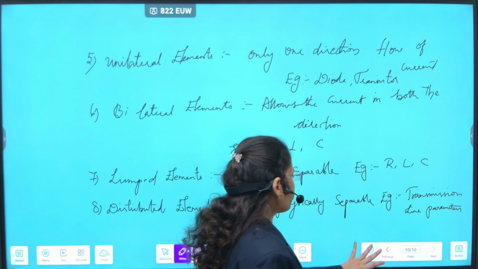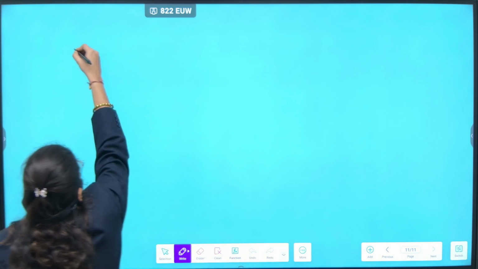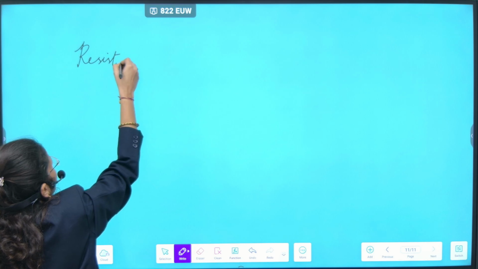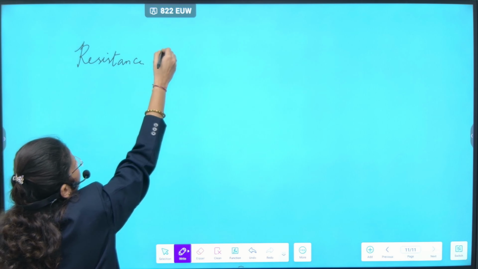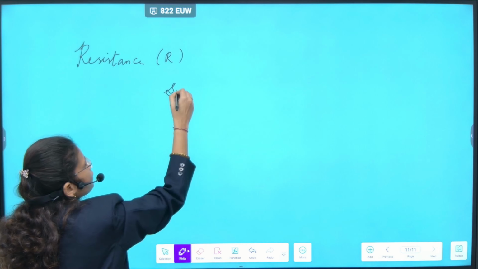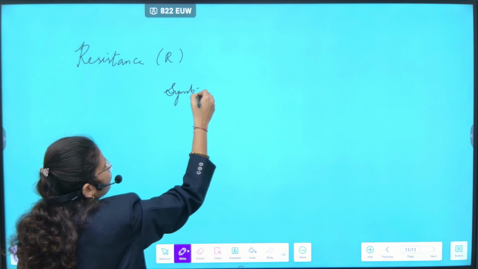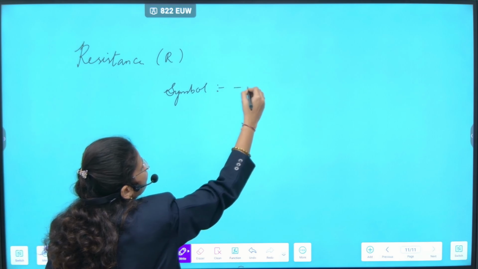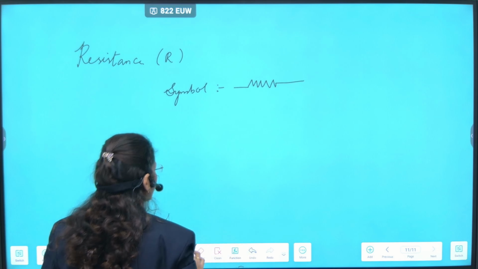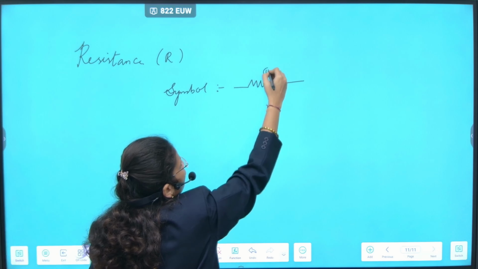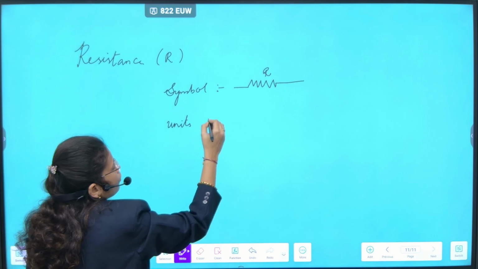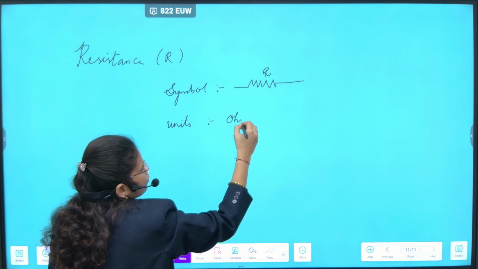Next, we are going to discuss resistance, which is denoted with the letter R. The symbol of the resistance, units ohms.